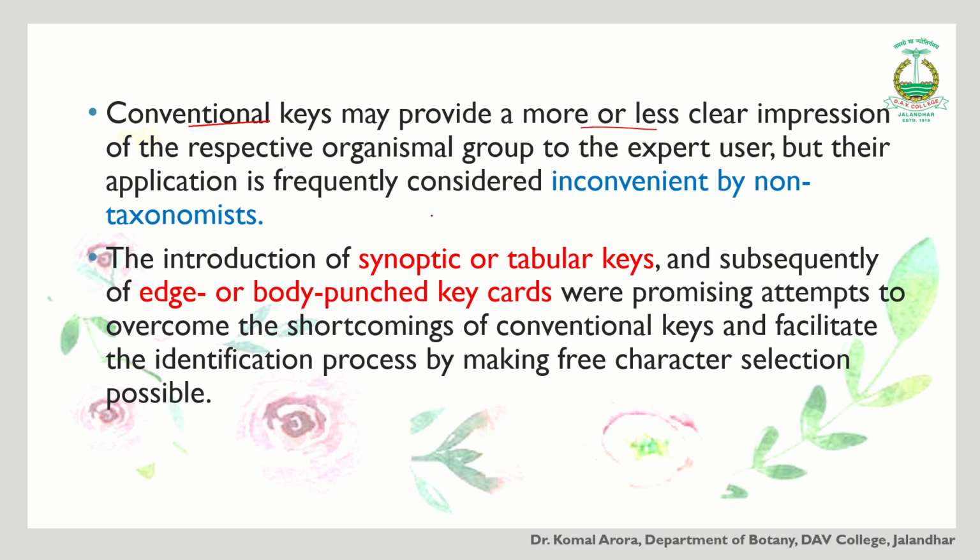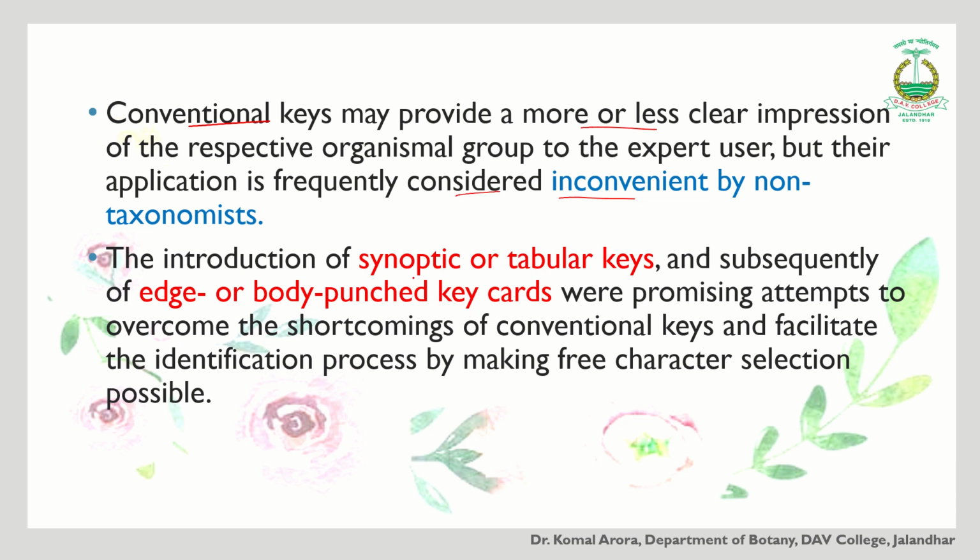If the taxonomist is using those keys, they are comfortable, but for non-taxonomists, they were highly inconvenient because very technical methods were used. You have to move step by step. Whatever alternate leads are given, you should have information about that. So it was not comfortable for non-taxonomists.